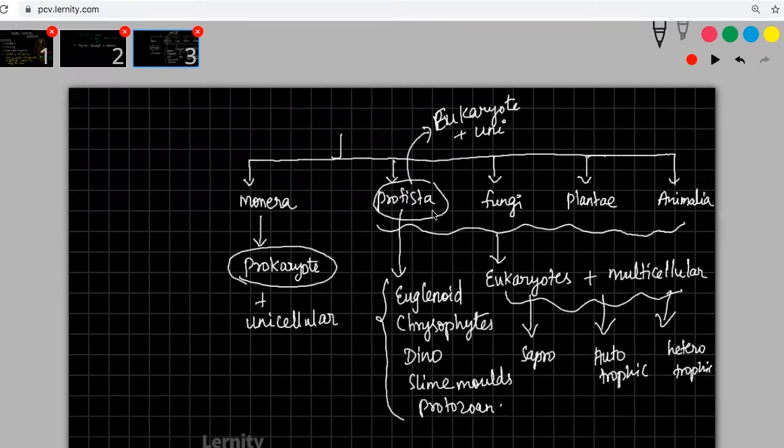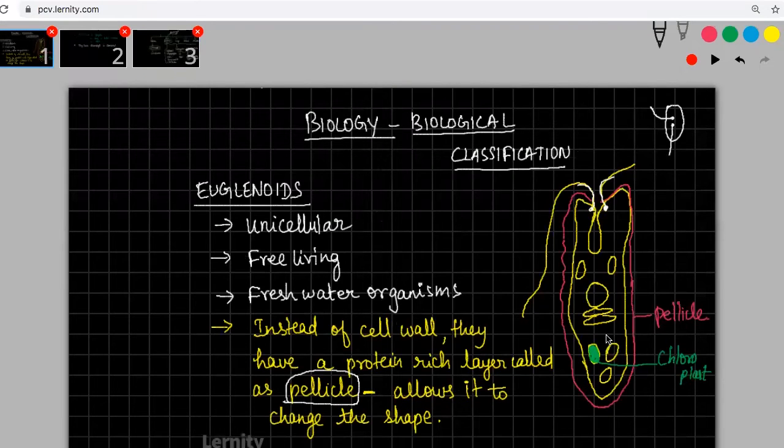So hereafter, please don't ask these kinds of questions when I'm drawing a nucleus covered, membrane bound organelles, and endoplasmic reticulum kind of structures. It means they are all eukaryotic structures. So please don't get confused.